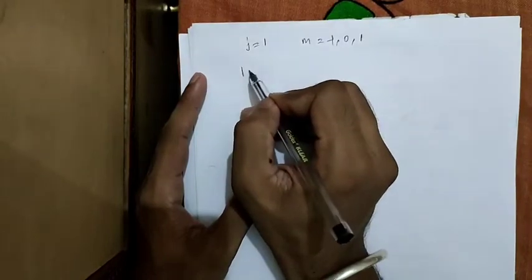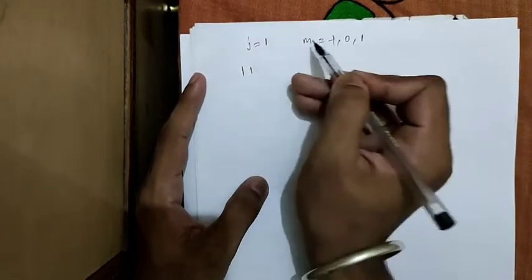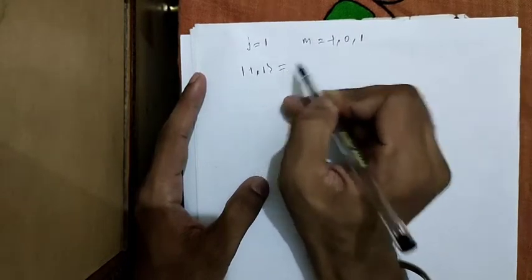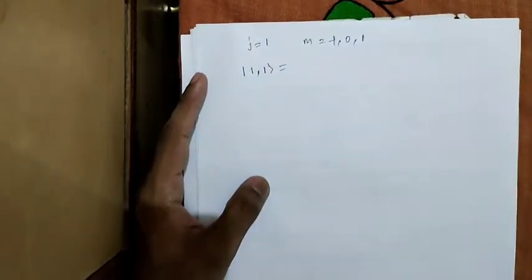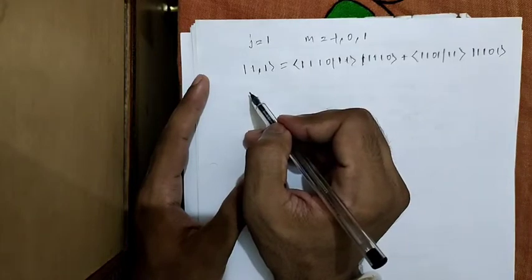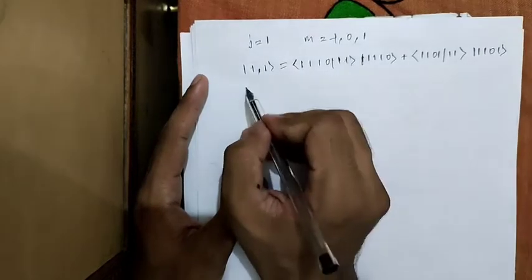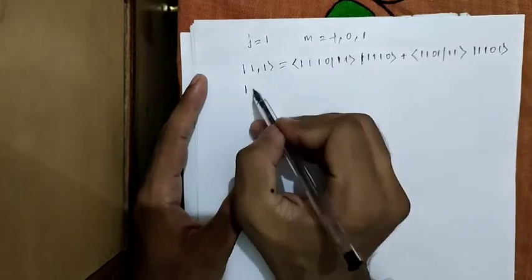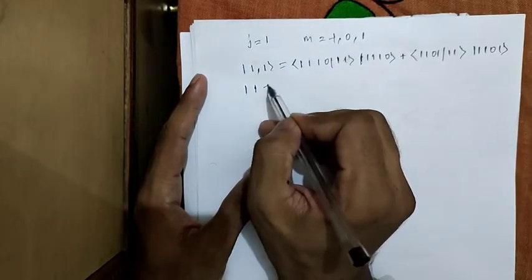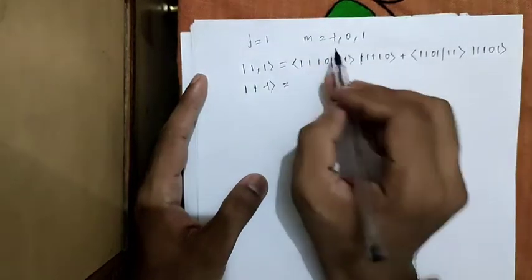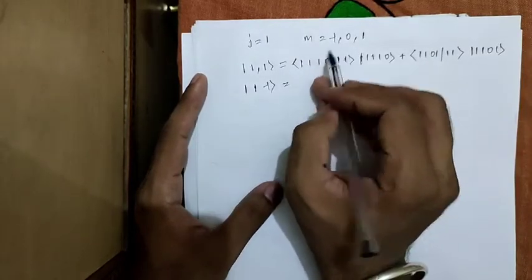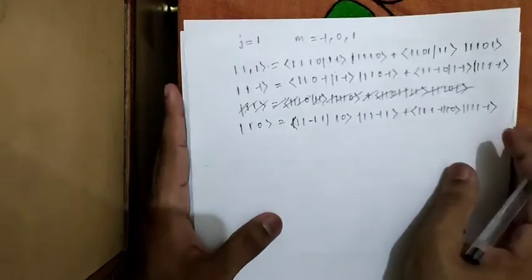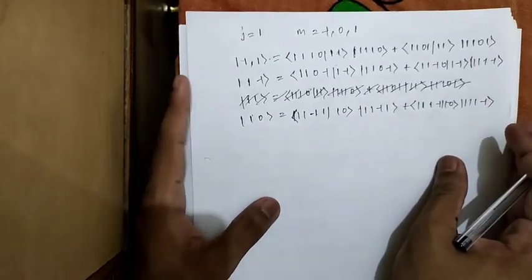So for the first one, j = 1 and m = 1, the combination possible here is the same for the rest of these combinations: 1 0 and 1 -1. I'm writing this in a quick manner. You can solve it on your own. Not even a single combination from this is possible, so we can operate with the j minus operator.